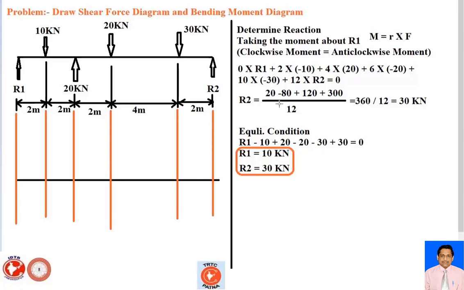Okay, and first R1. So again I will explain here some values. Suppose the parameters are A, then B, then C, then D.